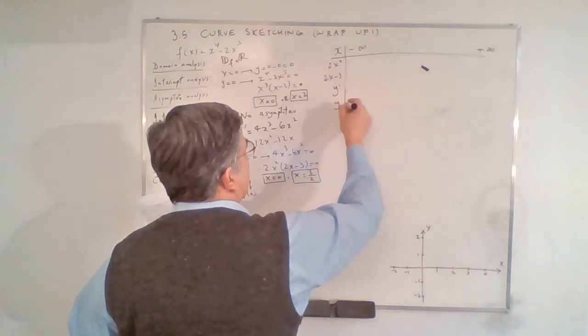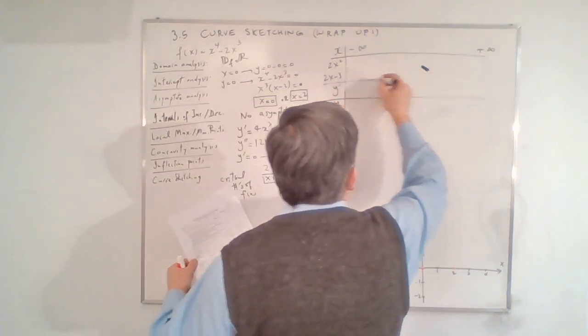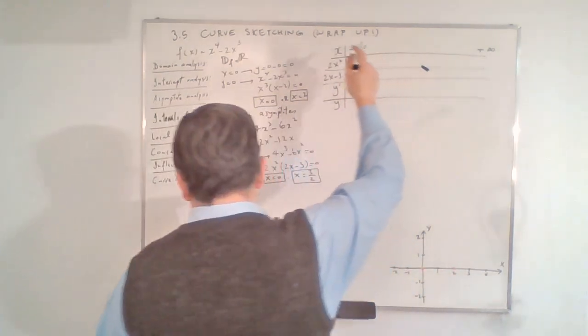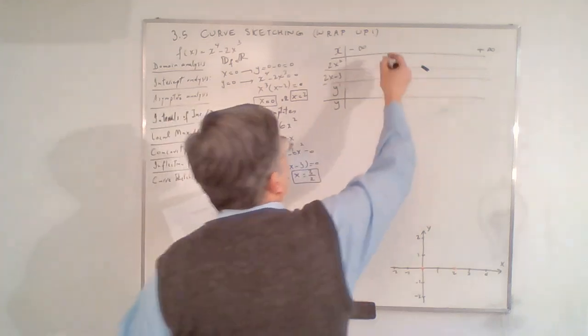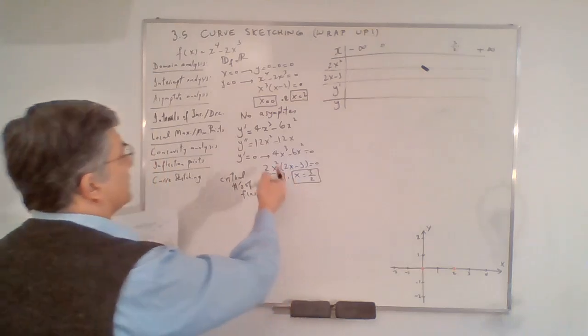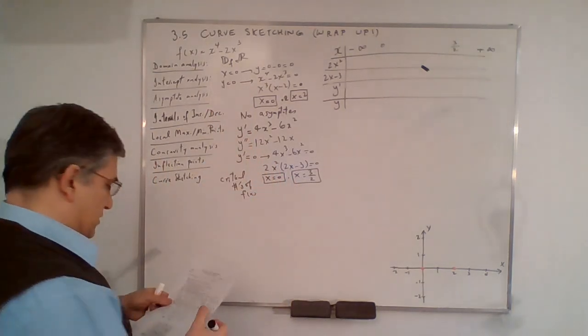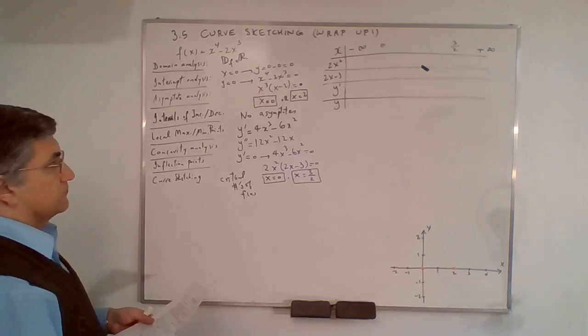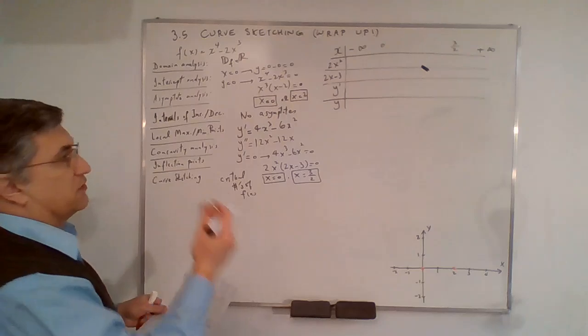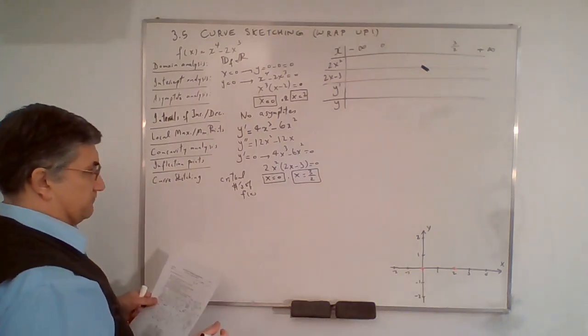Okay, and then we're making a judgment about y. So quickly, I construct the rows of my chart. The values I'm going to include are 0 for sure and 3 over 2 for sure. And perhaps it's not a bad idea to include roots of the second derivative, which we're going to be finding shortly.